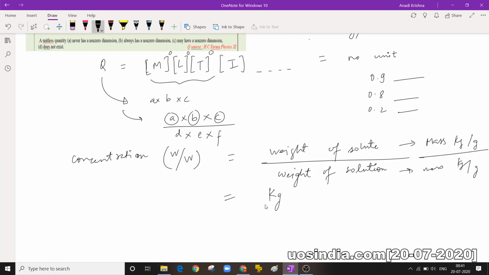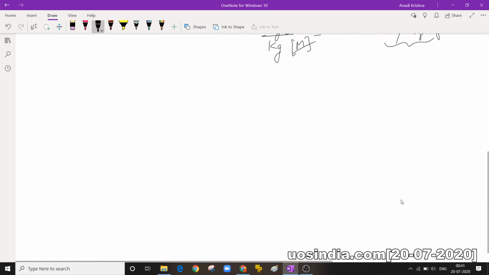So in the numerator also you have kg and in the denominator also you have kg. Both will cancel out, but when you see the concentrations being quoted, you will see something kg of solute per kg of solution. So this has a unit, even though if you use the dimension of mass here and dimension of mass here, they will cancel out. It will be a dimensionless quantity, but it has been quoted with this unit, kg per kg of solution.